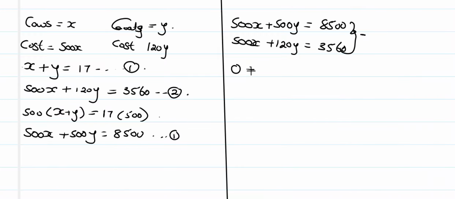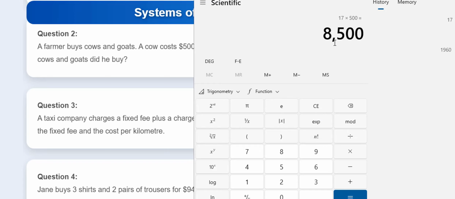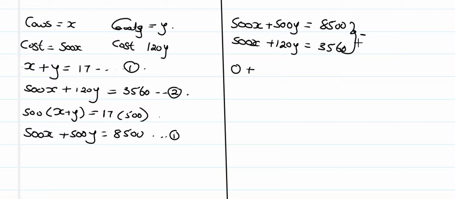Then plus 500 minus 120, you can just go to the calculator, and 500 minus 120 is 380. So we do have 380y is equal to 8500 minus 3560.